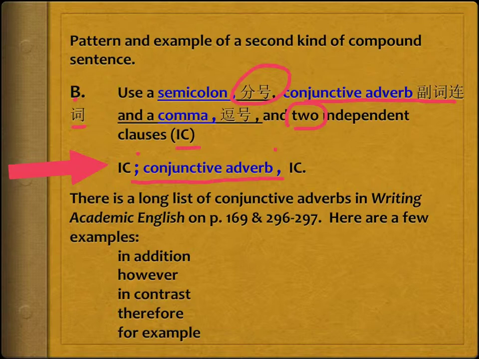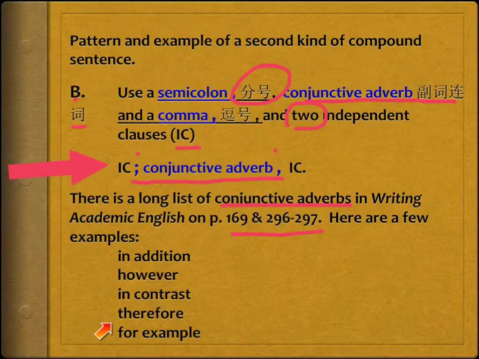The list for conjunctive adverbs is longer. You can find the complete list in Writing Academic English, page 169 and page 296 to 297. Here's just a few examples of some conjunctive adverbs. In addition, however, in contrast, therefore, for example.